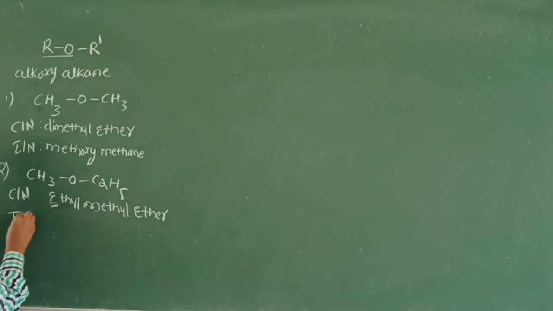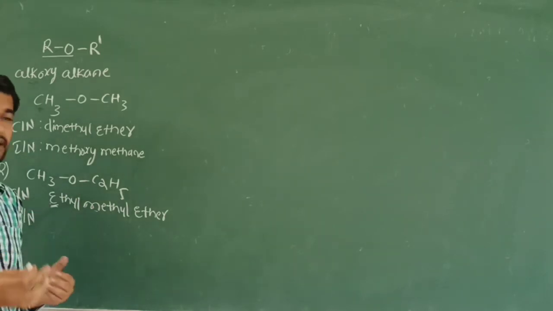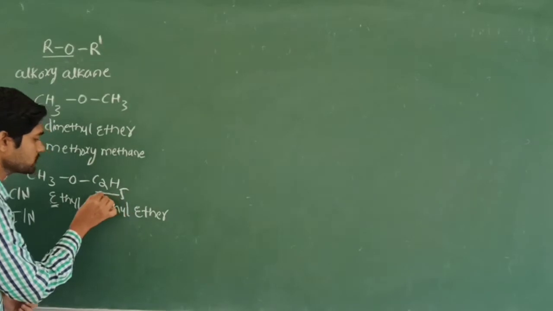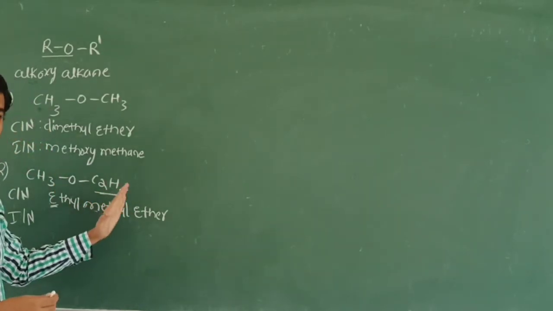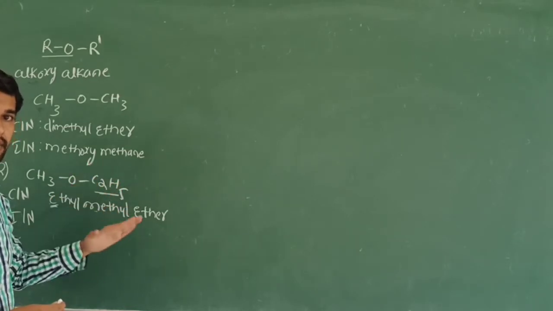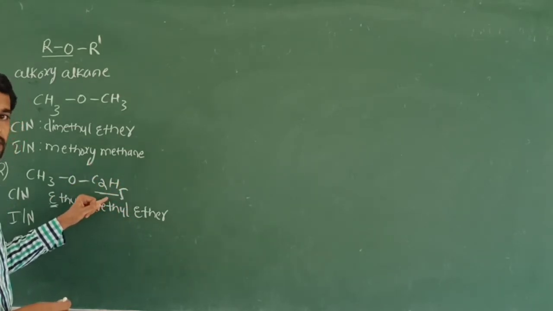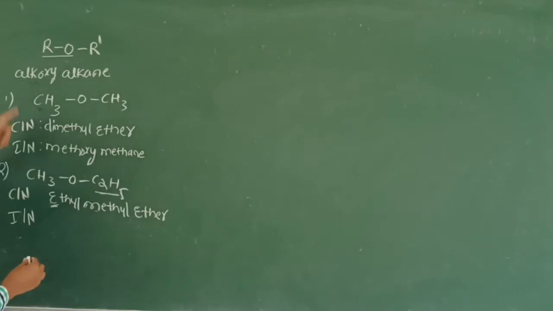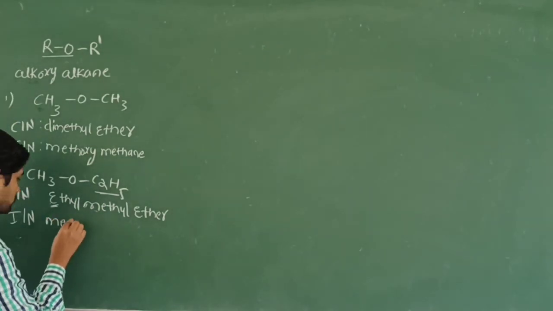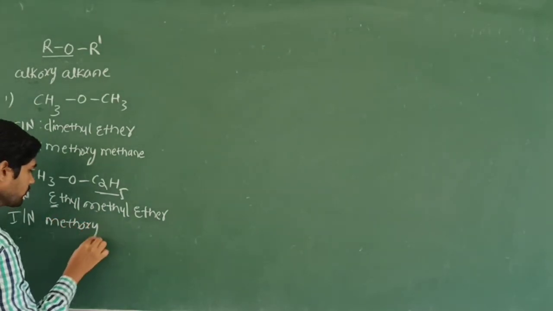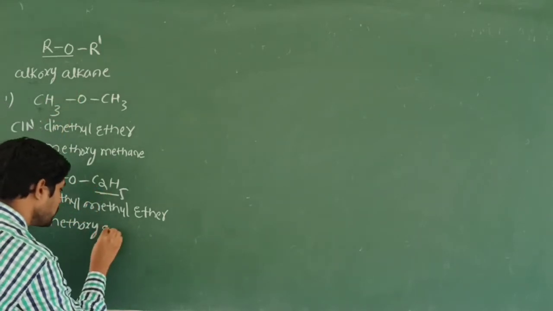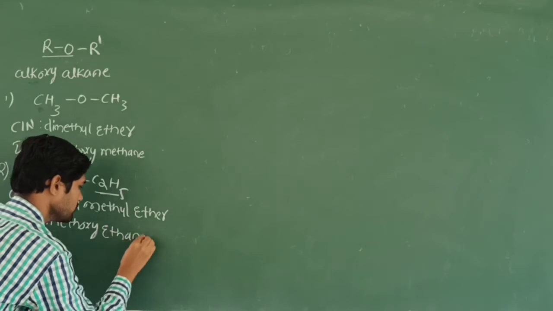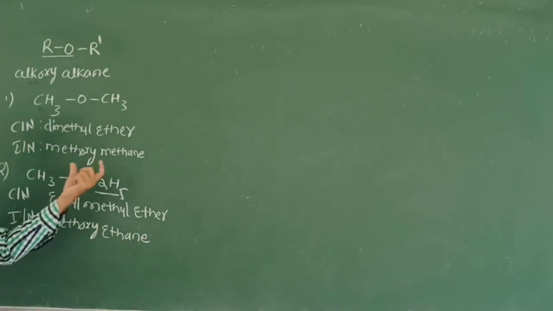What will be the IUPAC name? Here you should consider the parent chain as this ethyl part, because on the right side of the oxygen atom it contains the maximum number of carbon atoms. That's why you give priority to this parent chain. So the alkoxy here is methoxy, and the alkane has two carbons, that is ethane. Its name is methoxy ethane.